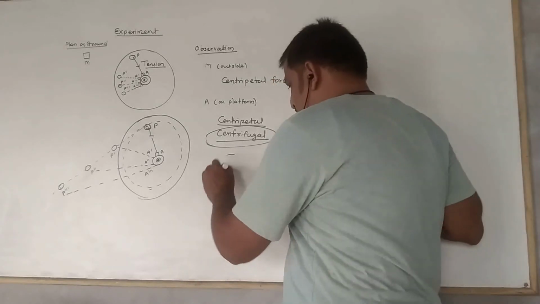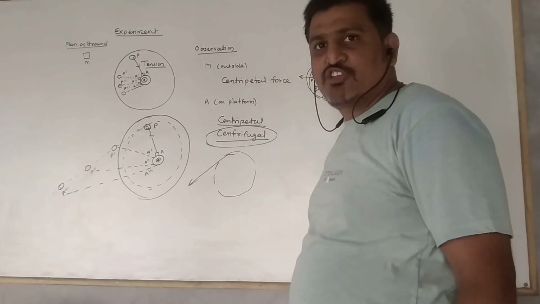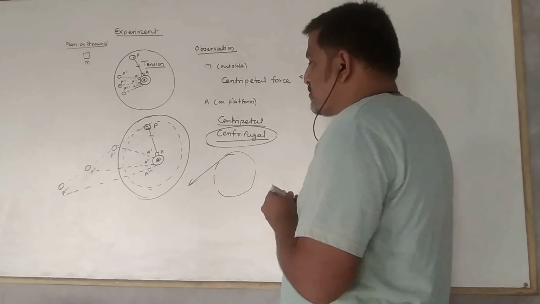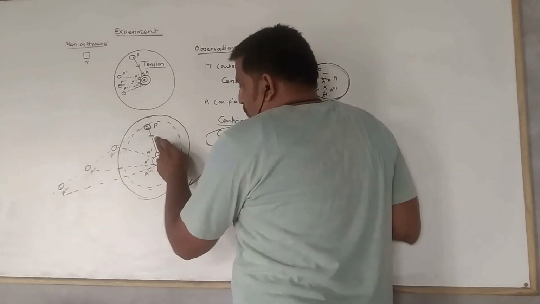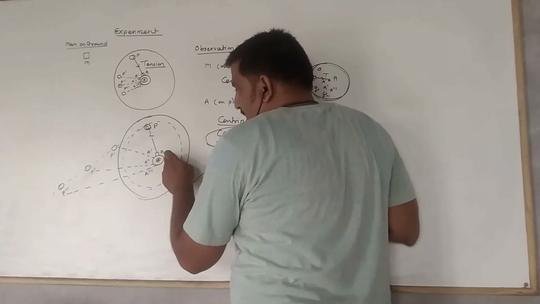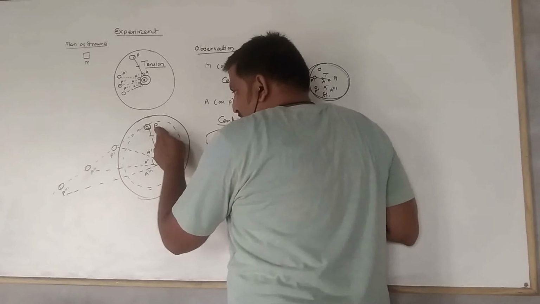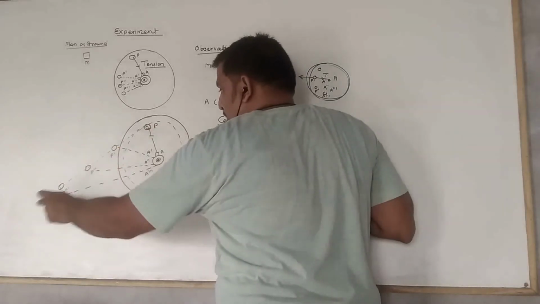The pebble which is moving in a circular path directly starts going tangentially, that we can see, right? So similarly, when this rope breaks, the person who is standing at position A and the ball is in front of him at position P, then the ball starts moving.